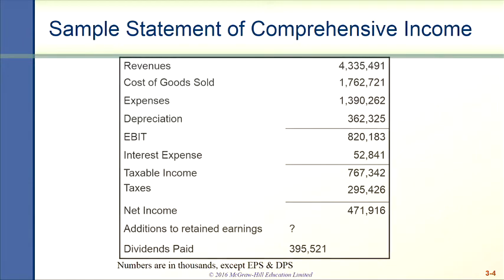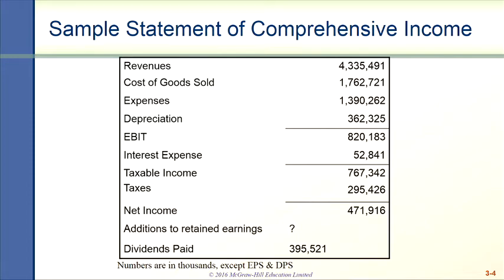So also we look at the statement of comprehensive income, as we said earlier. Equally, it looks at the revenue of the company minus the expenses, which include the cost of goods sold, also the expenses, and also the depreciation. And then we subtract all those from the revenue. It gives us the earnings before interest and tax, which we call the EBIT.